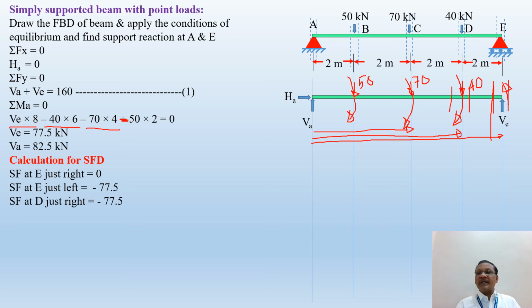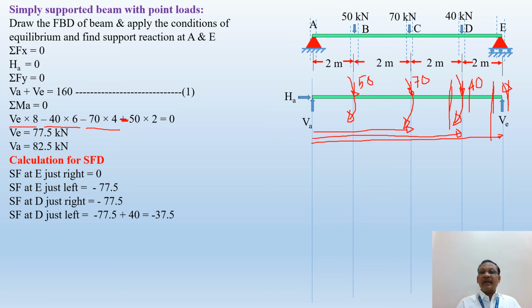Same, only one reaction is there, vertically upward, and that is VE. Then shear force at D, just left. How many forces are acting? Two forces are acting. One is VE and another one is 40. VE is minus and 40 is downward, so it is plus. So shear force at D, just left, is minus 77.5 plus 40. You will get it as minus 37.5.